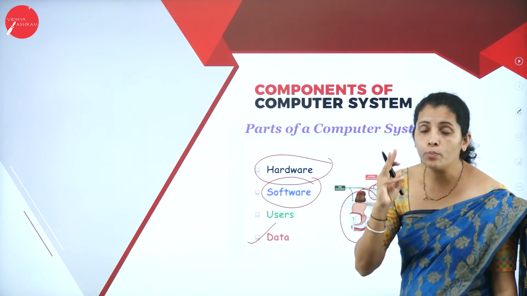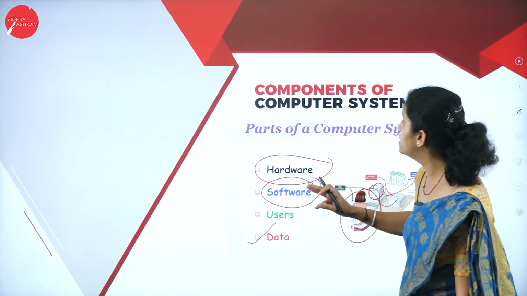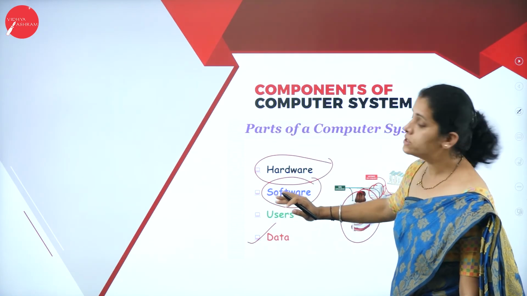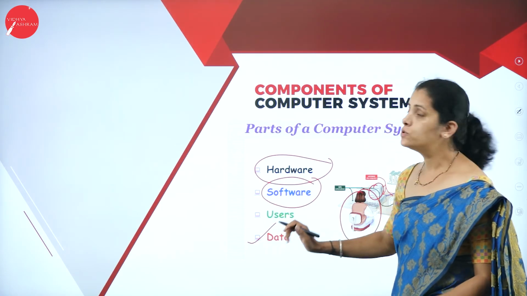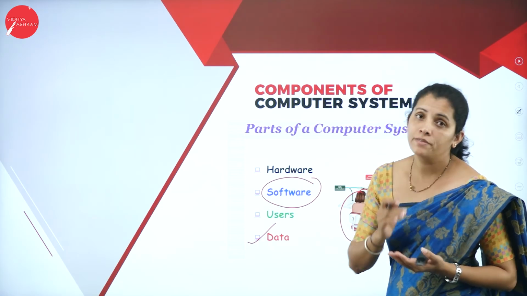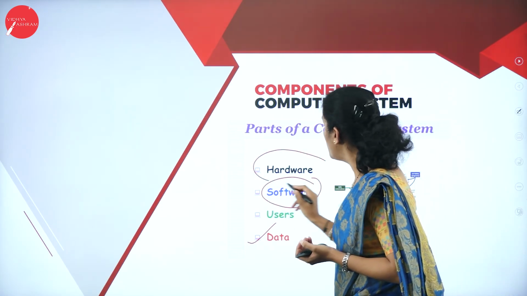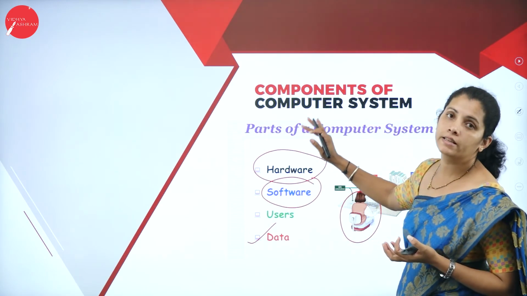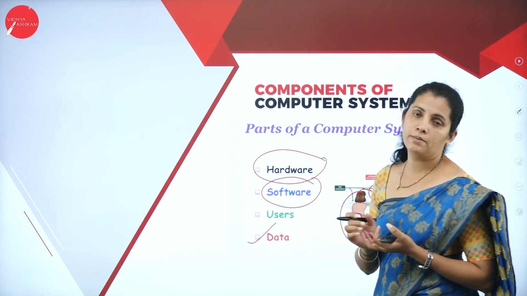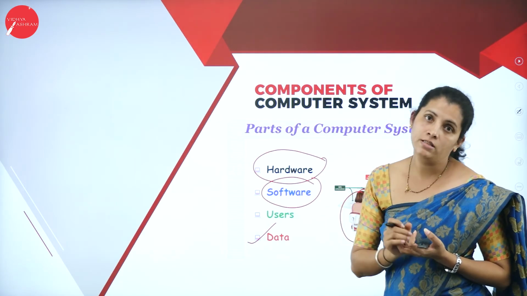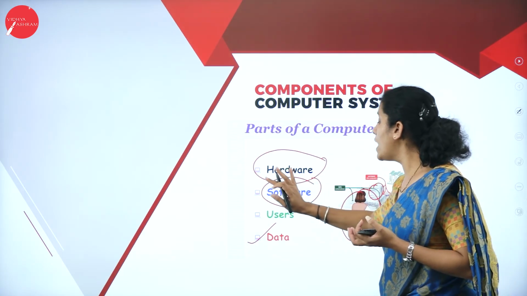So the main components of a computer system here are hardware, software, user and data. If I consider an example for hardware, it is the keyboard and mouse. That means we are able to touch the hardware. Then we are going to have software.